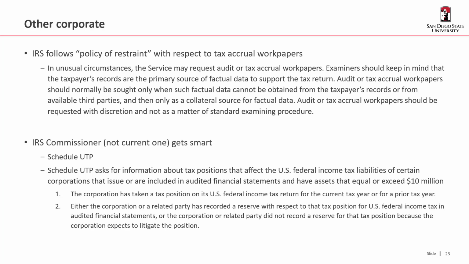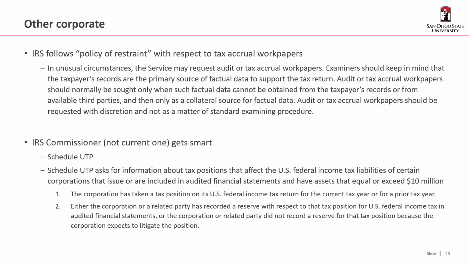So the IRS commissioner years ago wasn't exactly really happy with that. And so he said, I have an idea. Why don't I make certain businesses that are large enough prepare a schedule of uncertain tax positions? We'll call it Schedule UTP. So Schedule UTP is another tax form that's required for U.S. filing purposes for corporations, I should say, that issue audited financial statements and have assets in excess of $10 million.